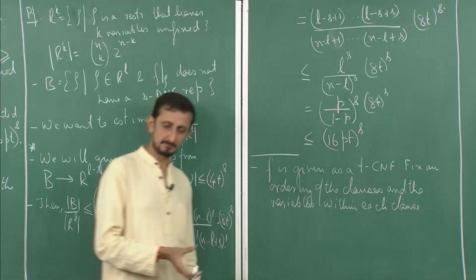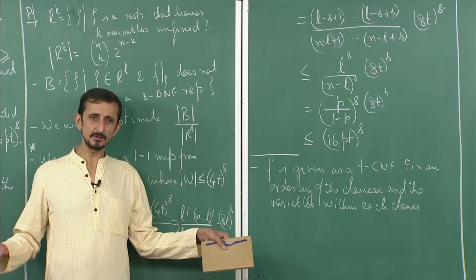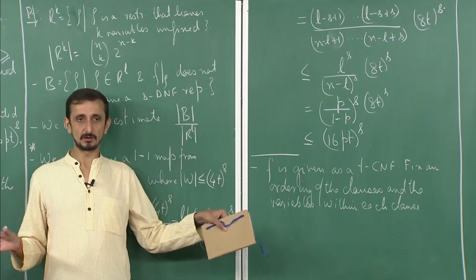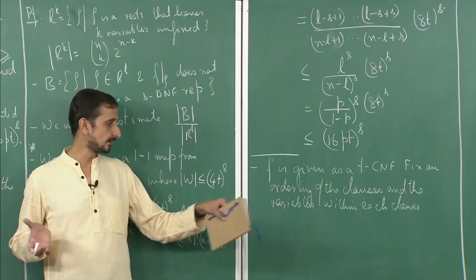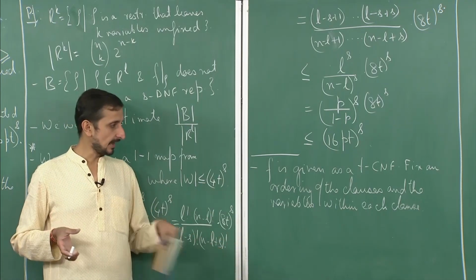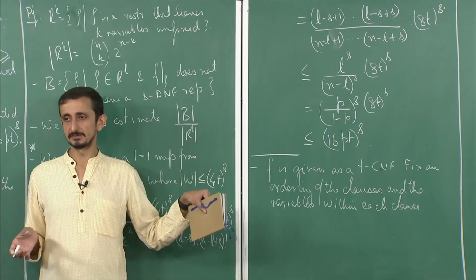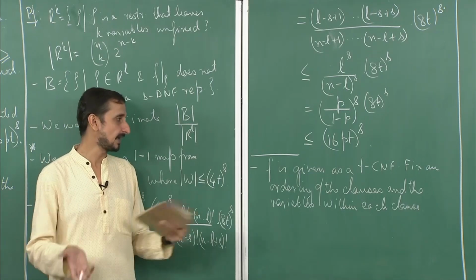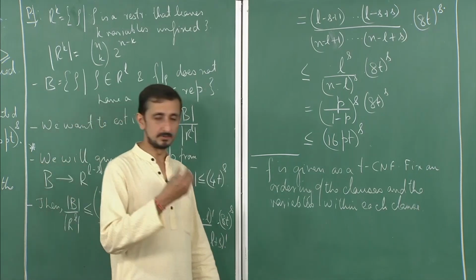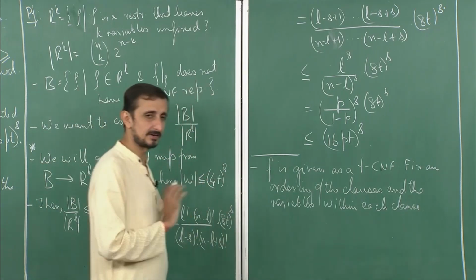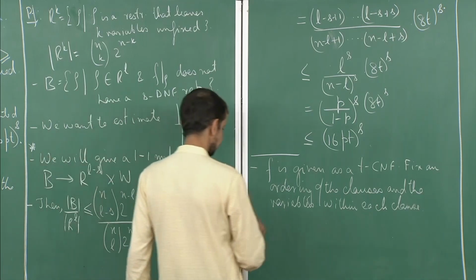Okay. So, basically f is given to us as a TCNF, we will just look at a fixed ordering of the clauses, okay, so that we can refer to first clause, second clause and so on in a unique manner, and within each clause again we have a fixed ordering of the literals. Okay. Maybe it can be the alphabetical ordering of whatever variables that are present in those literals. So, whatever it is, we just look at some fixed ordering.